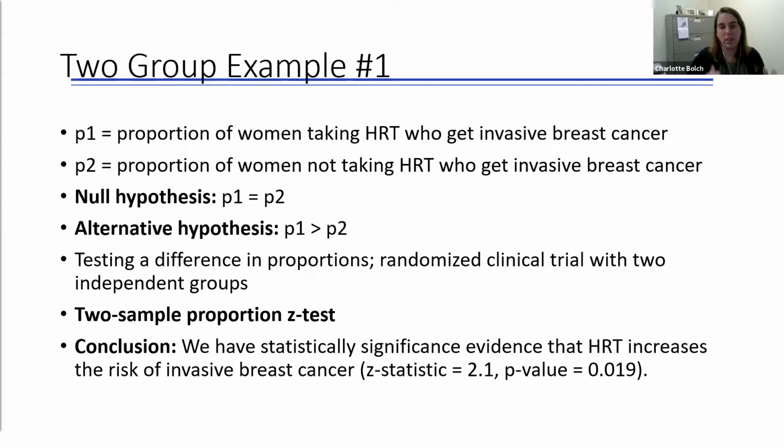We provide our test statistic, and our p-value is less than 0.05. When our p-value is less than 0.05, we have enough evidence to reject the null hypothesis, and we conclude the alternative, that hormone replacement therapy increases the risk of invasive breast cancer.